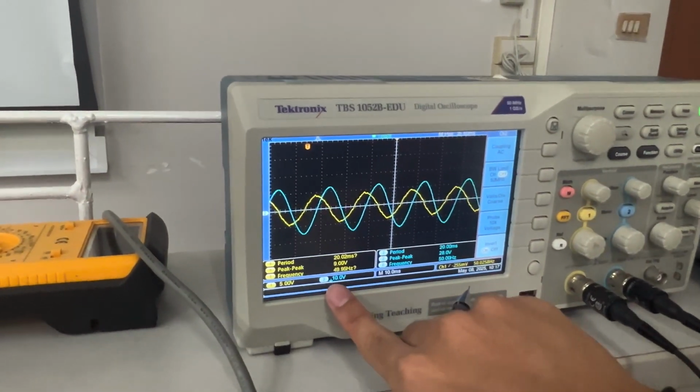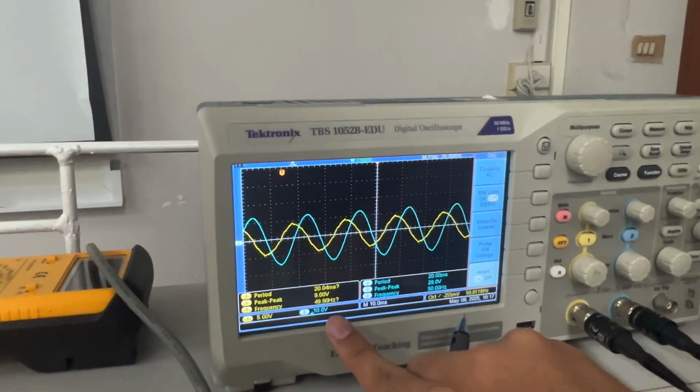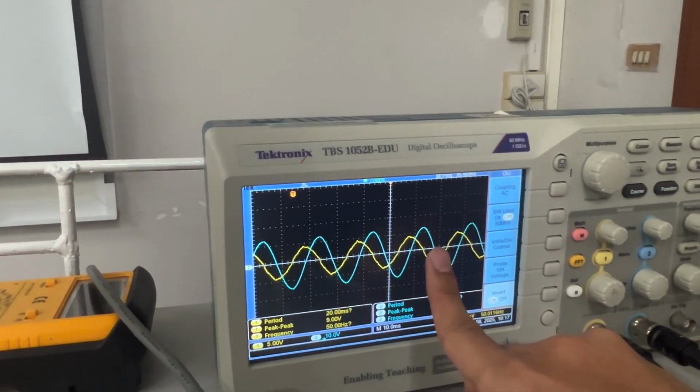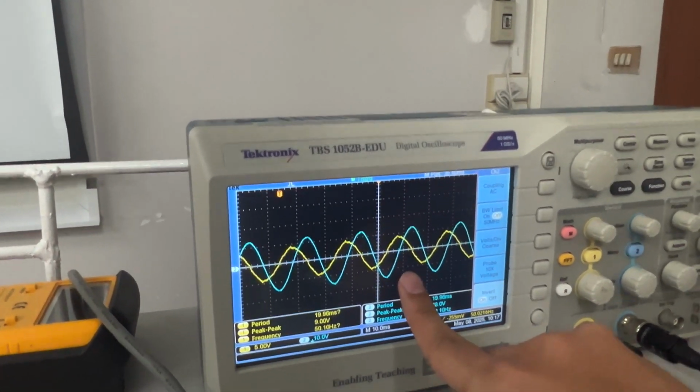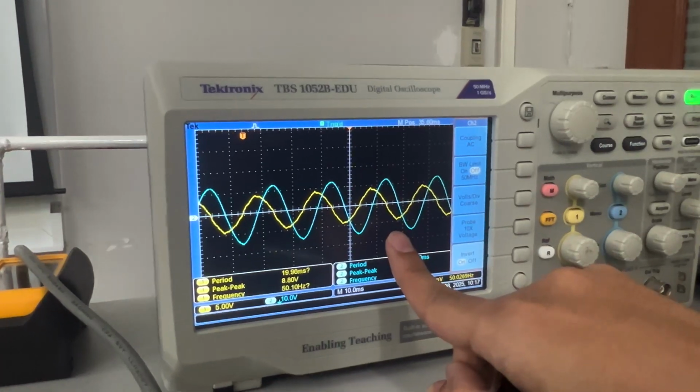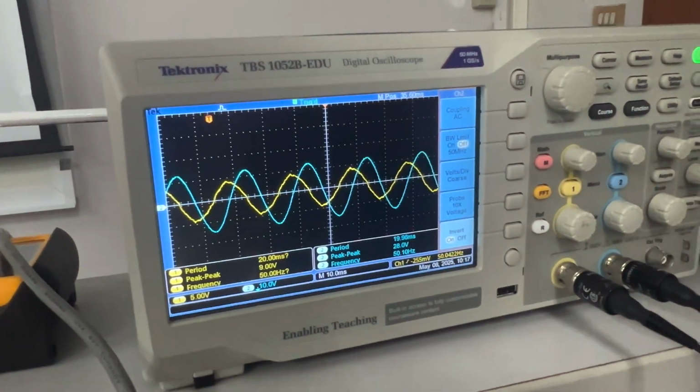it says it's 10 volt per division. Okay, so the division is around 2.5.